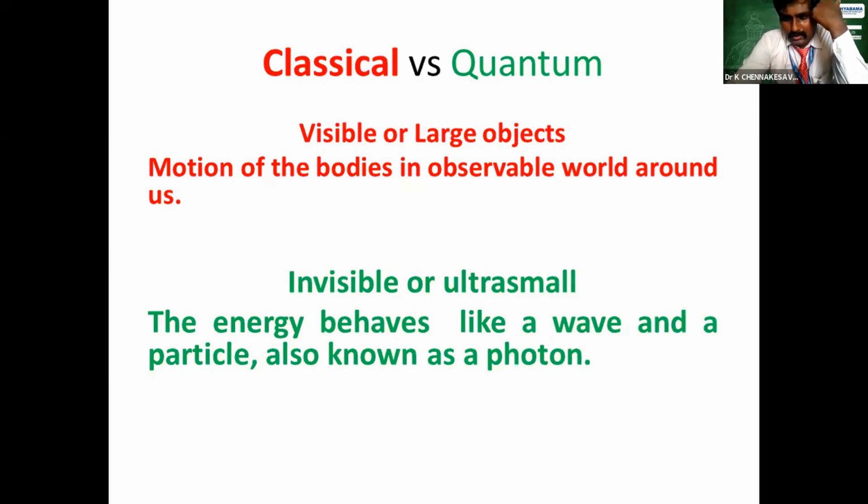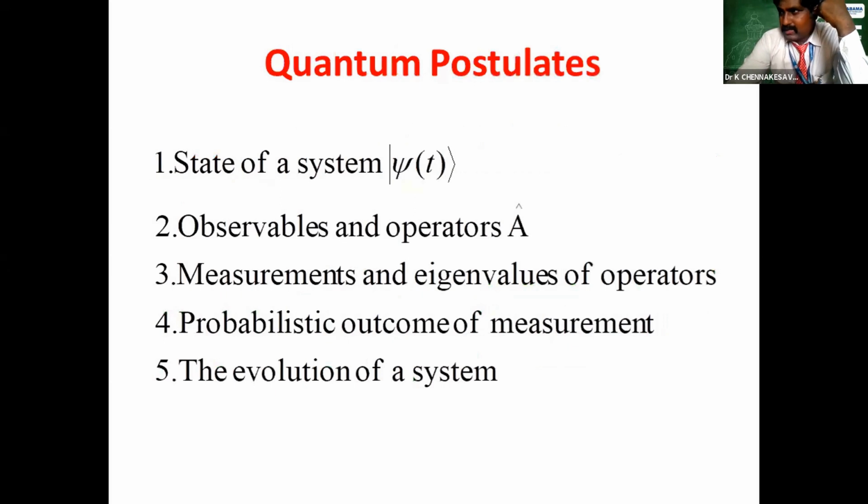Okay. So now, as I am discussing, we are having 5 quantum postulates. First postulate will tell state of a system. Just if you know the headings, that's enough. You don't worry about these postulates because it is not in our syllabus. In order to understand the quantum chemistry or in order to understand the Schrodinger wave equation, I am introducing these quantum postulates. The first one is state of a system, that is psi, and observables and operators.